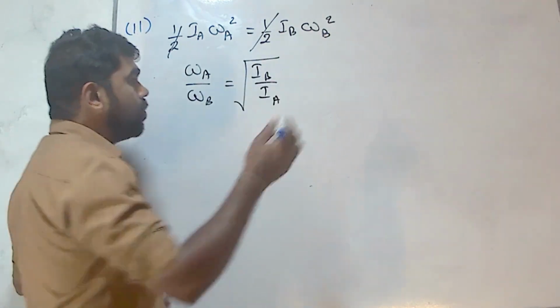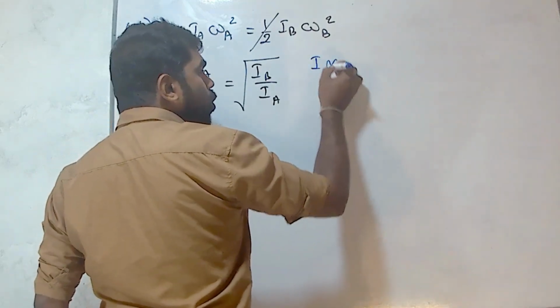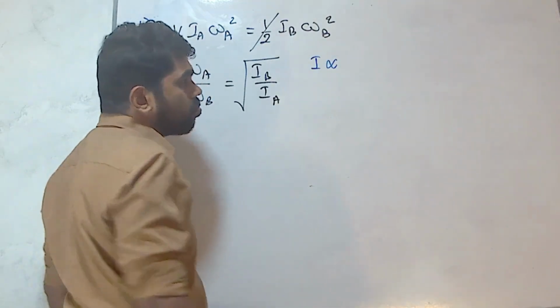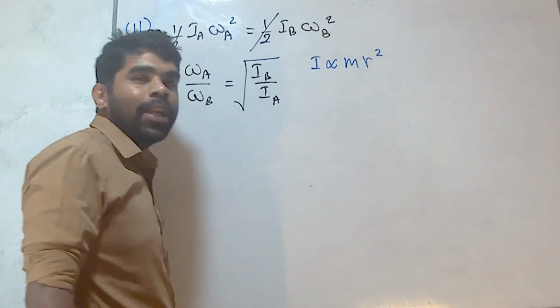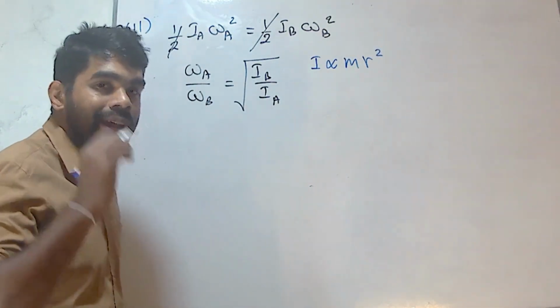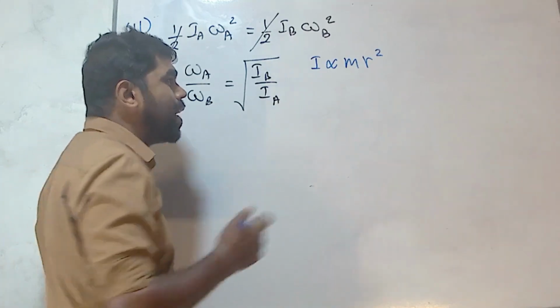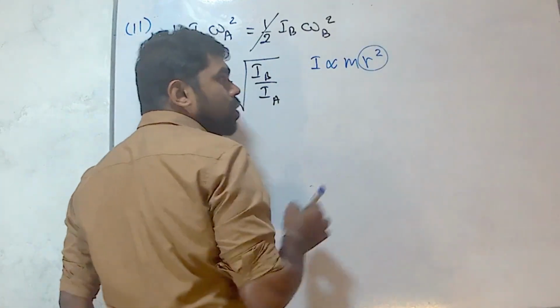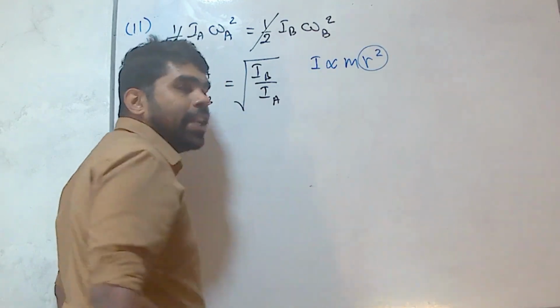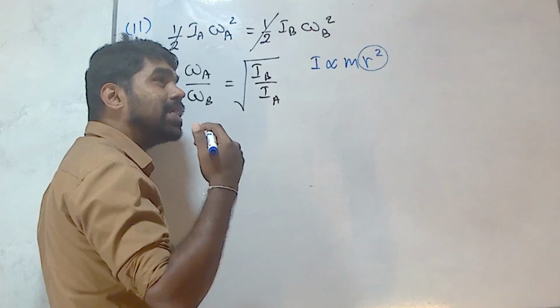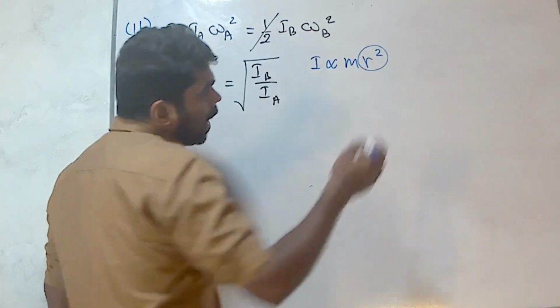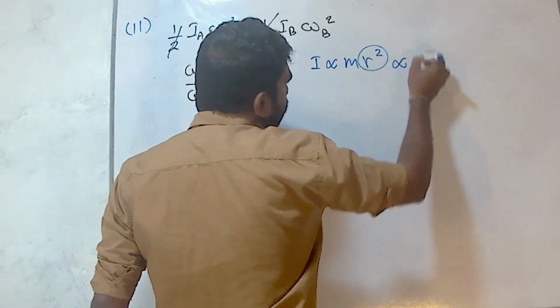Moment of inertia I is directly proportional to m r squared. R depends on mass distribution. Now the dimensions are the same for both objects, therefore this value is constant. We can get I directly proportional to mass, and we know that mass equals density times volume, therefore mass is directly proportional to density.